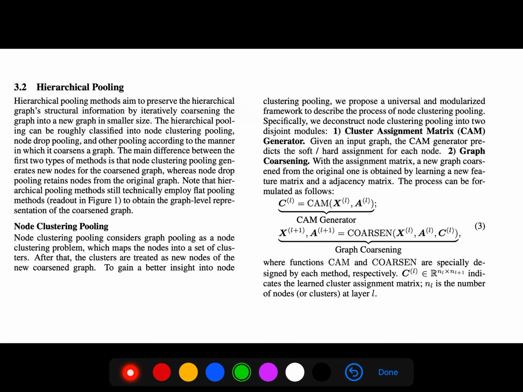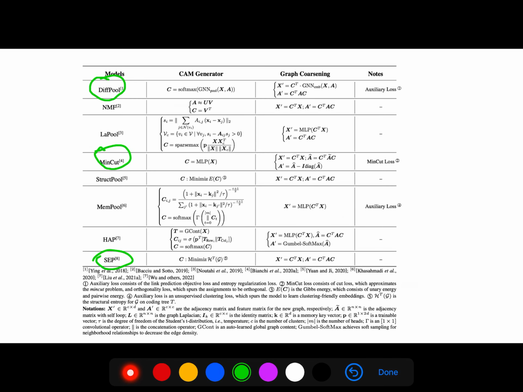You see, for the generator, we call it CAM, the cluster assignment matrix. For DiffPool, they just use another GNN. But if you remember, MinCut was very good because they replaced the GNN with just a multi-layer perceptron, so it's faster, with better computational complexity. And for graph coarsening, DiffPool uses this.